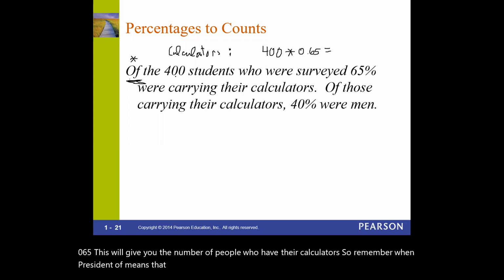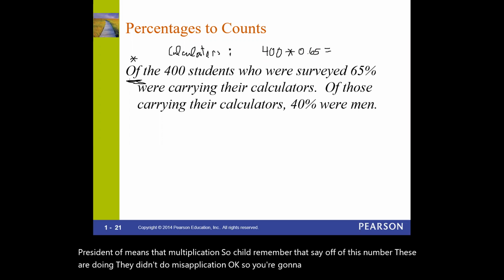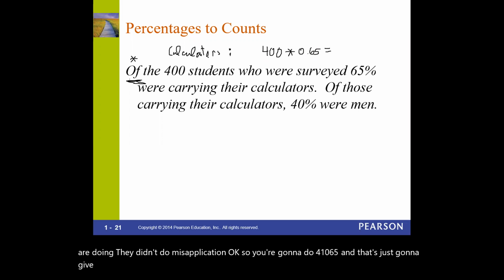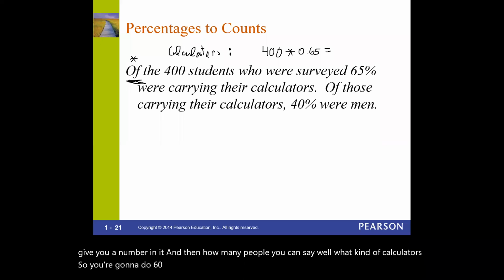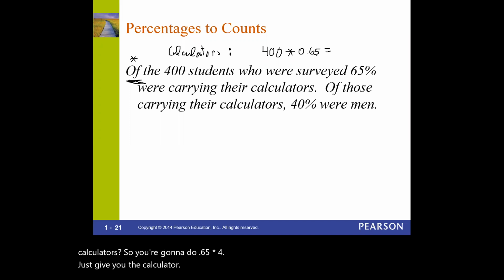So you do 400 times 0.65, and using the calculator that gives you 260.